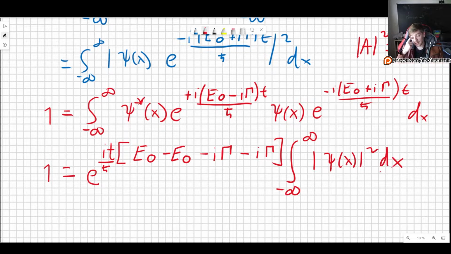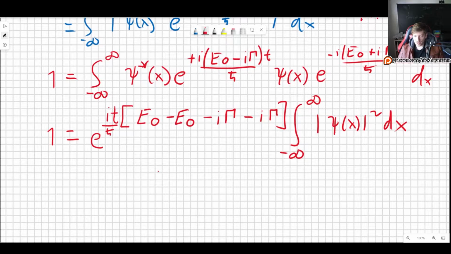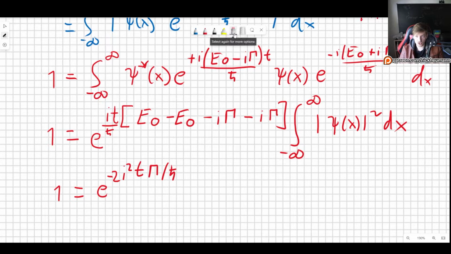Okay, so now clearly the E0s cancel out, and we have that 1 is going to be equal to e to the, now we have i squared, right? 1 is going to be here, 1 is going to be there. I will show you explicitly. So we get minus 2 i squared t gamma over h bar. However, i squared is minus 1, so we can just rewrite this with a plus sign there.